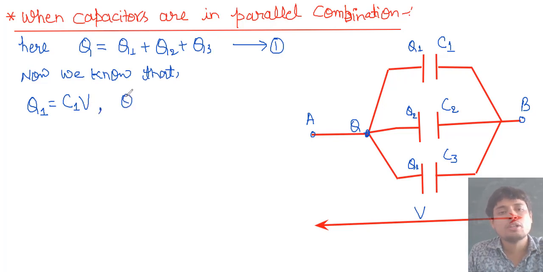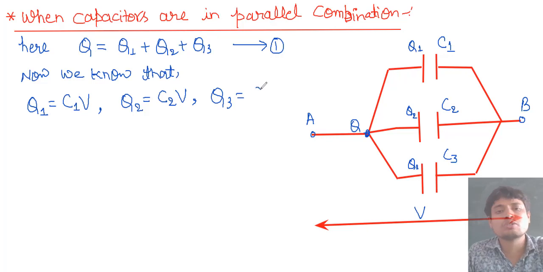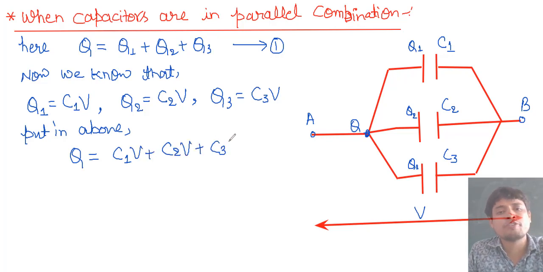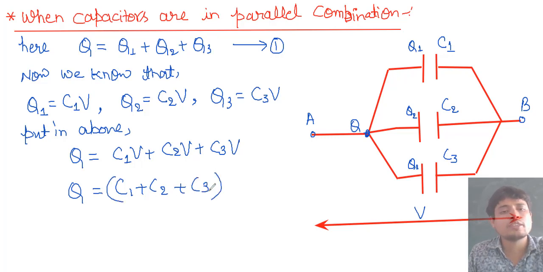The potential is the same. For the second capacitor, Q2 equal to C2V, and for the third capacitor, Q3 is equal to C3V. Now put this in equation 1. You will have Q equal to C1V plus C2V plus C3V. Now Q equal to (C1 plus C2 plus C3) times V. Take V as common, and name it equation number 2.